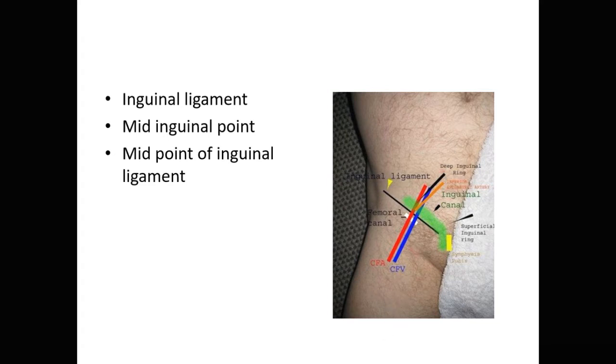Now two very important entities: the mid-inguinal point and the midpoint of the inguinal ligament. Midpoint of the inguinal ligament is the midpoint between the anterior superior iliac spine and the pubic tubercle, while the mid-inguinal point is the midpoint between the anterior superior iliac spine and the pubic symphysis.